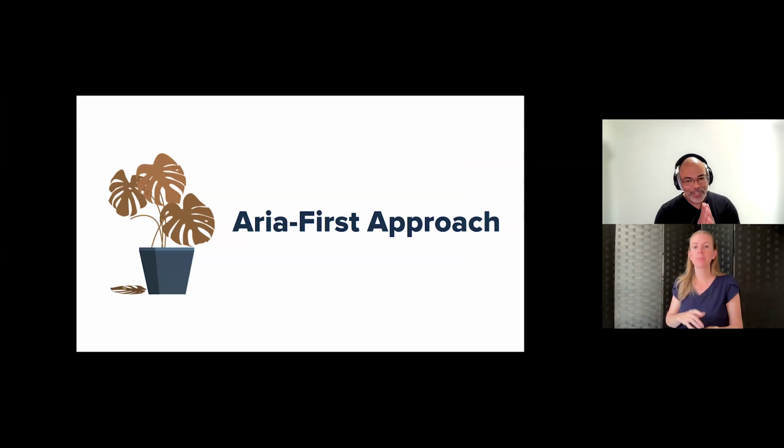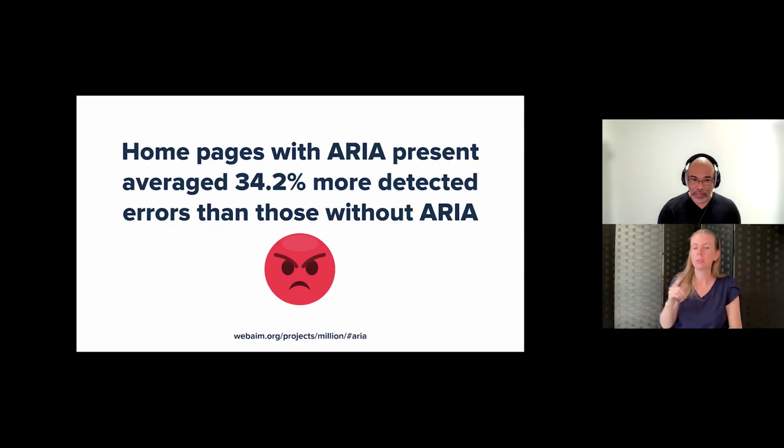This right here, ARIA first approach. This is probably one of the biggest issues that I find inside a lot of design systems that I review and use. It's because engineers will rely too much on ARIA instead of just sticking with the basics.